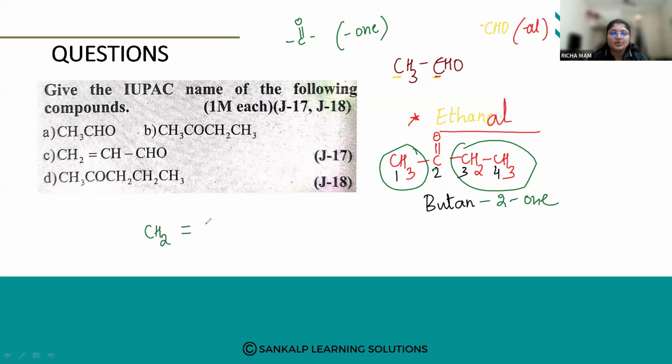CH2 double bond CH, C double bond O, H. Again this is an aldehyde. Count the number of carbon atoms: 1, 2 and 3, so it is prop.